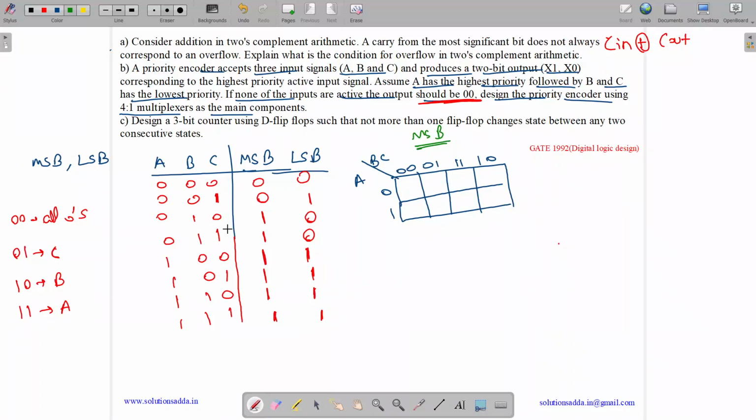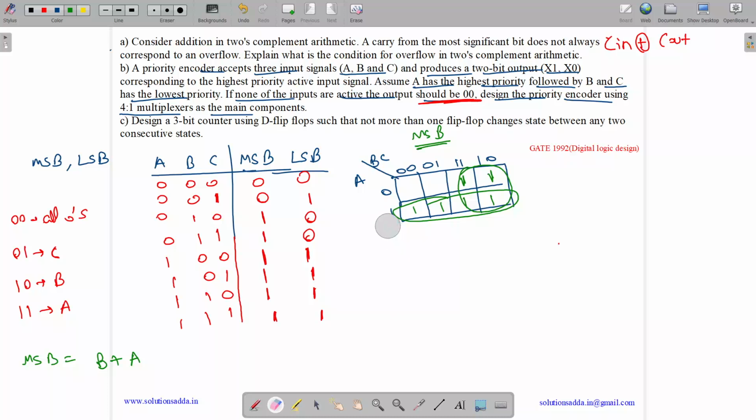MSP has 1s in these cells. So we will get two mappings, the first one is this and the second one is this. The answer for MSP will be equal to B for this one and A for this one. So we will have MSP equals A plus B.